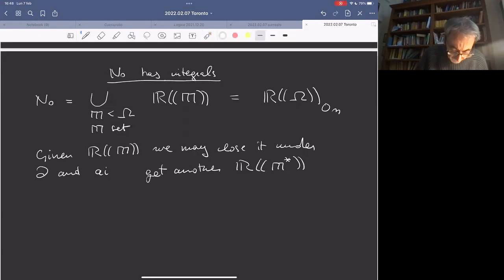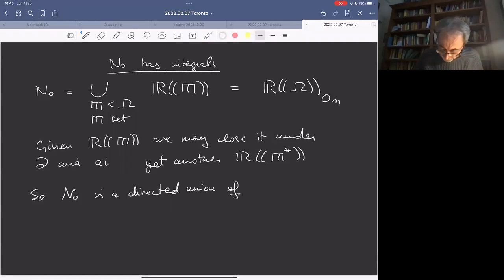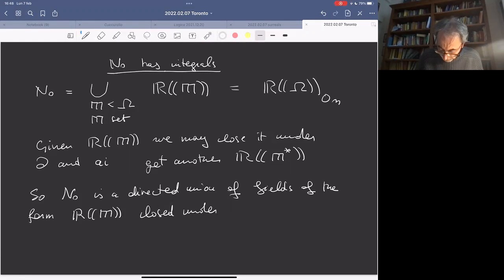So No is a directed union of fields of the form R M, which are moreover closed under derivatives and asymptotic integrals.